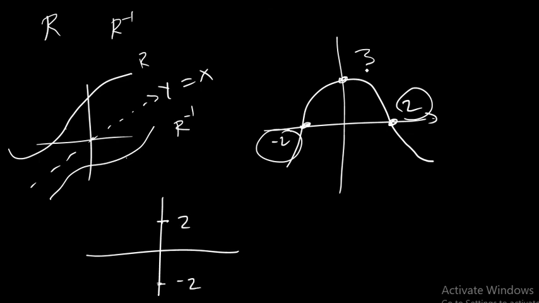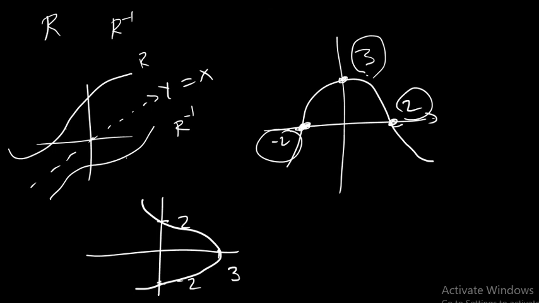And it's crossing the y-axis at 3, which means the inverse has to cross the x-axis at 3. When you are thinking of the inverse, exchange the places. This graph crosses the x-axis at -2 and 2, so the inverse should cross the y-axis at -2 and 2. So the graph will be kind of like this. The inverse of this function will be this one. So what to do?